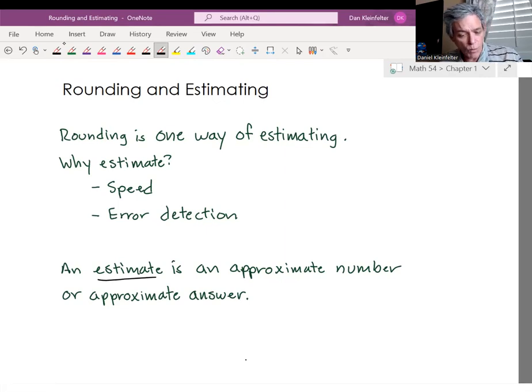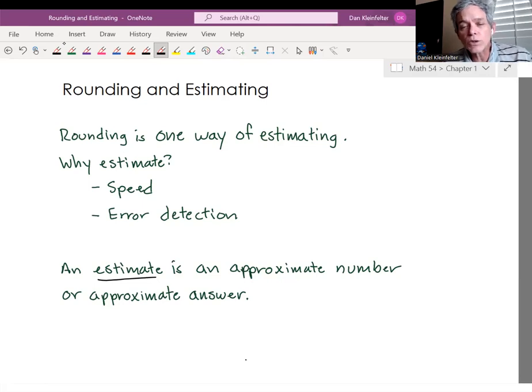Okay, why you would make an estimate is there's two reasons why you would make an estimate versus getting an exact answer. Sometimes speed is more valuable than accuracy for a particular question.